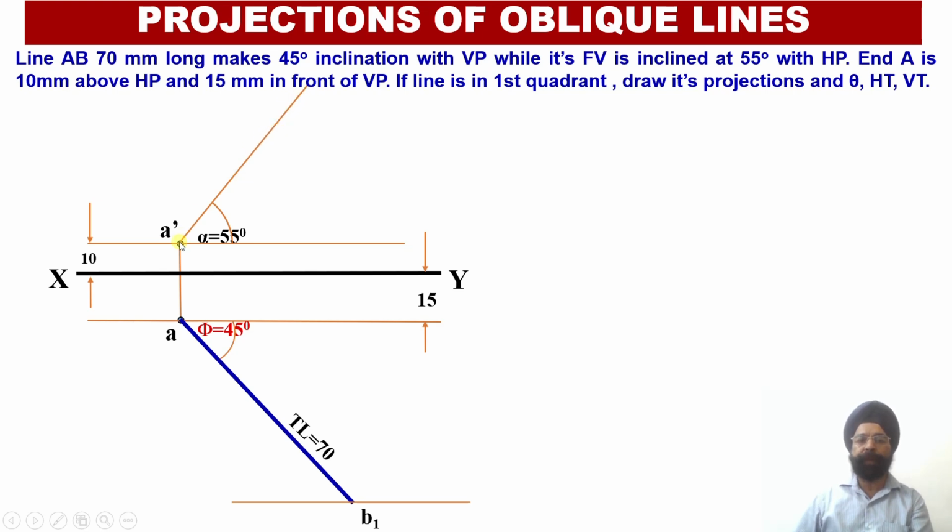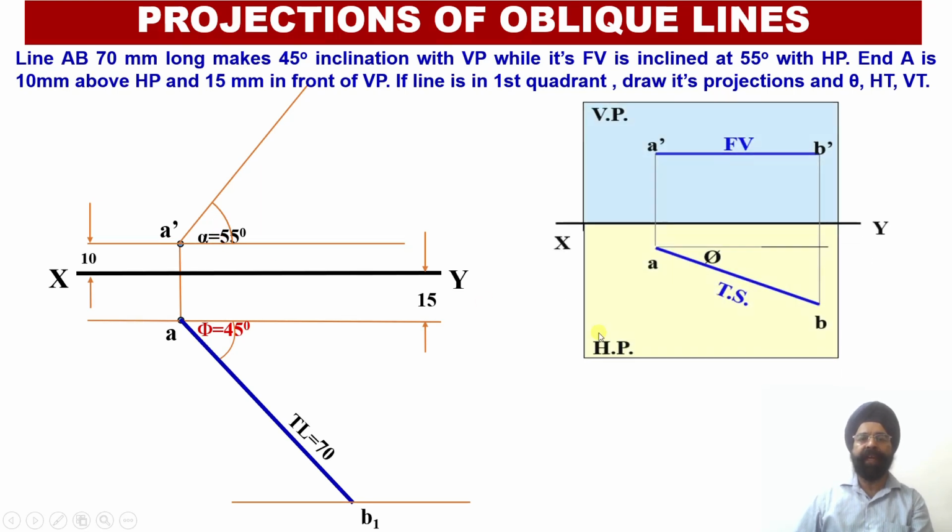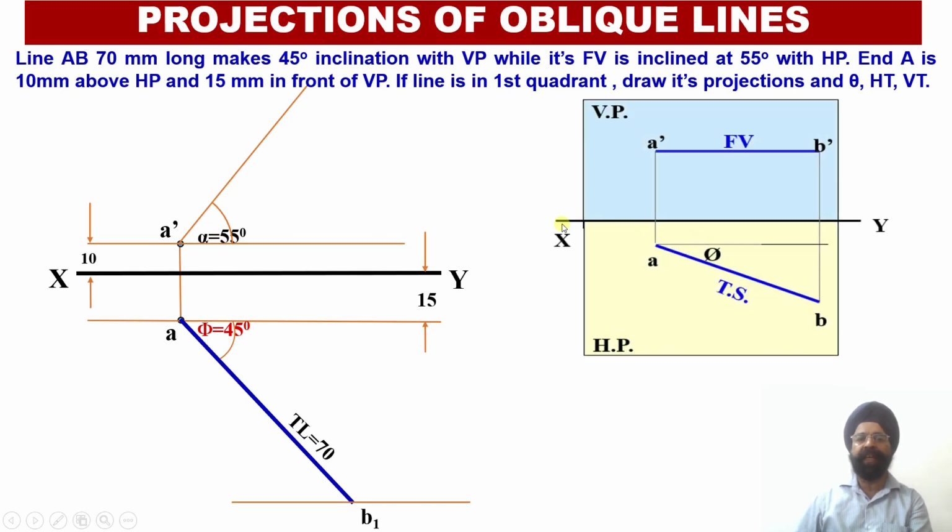So this is the orientation onto which my front view projection A dash B dash has to be plotted. Once I obtain the projection orientation at an angle of 55 degree, I will make use of the simple fundamentals of the projections of the line.